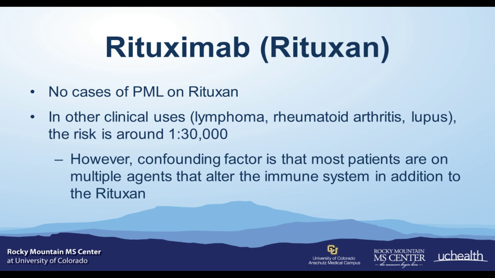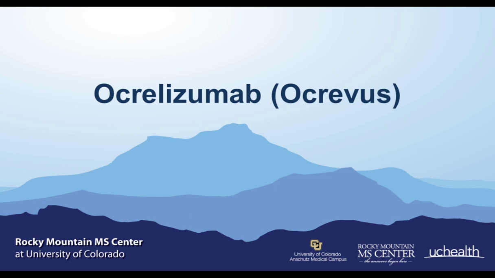Now, I do want to bring to light the fact that most of those patients with those other disease states are on multiple medications that affect their immune system. So as we talked about earlier, being on multiple medicines that affect your immune system can increase your risk of PML in general. That is an important thing to note, whereas compared to our MS patients on Rituximab, they tend not to be on multiple medications that mess with the immune system.